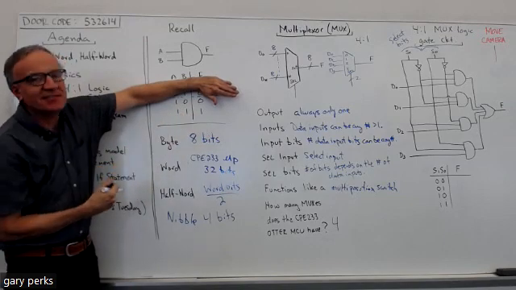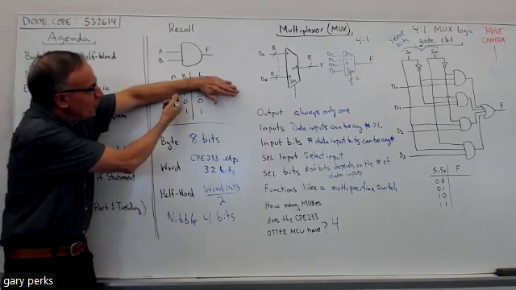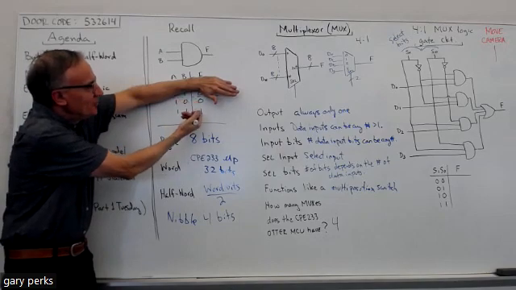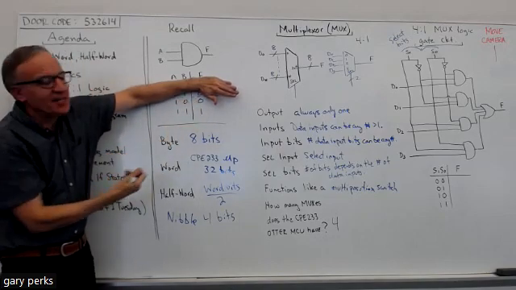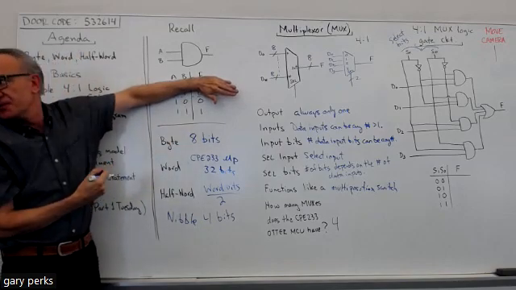How does the output relate to the other input? It's the same, right? See, if one input to an AND gate is a 1, the output is going to equal the other input, right? If the other input's a 0, you get a 0 out. The other input's a 1, you get a 1 out.